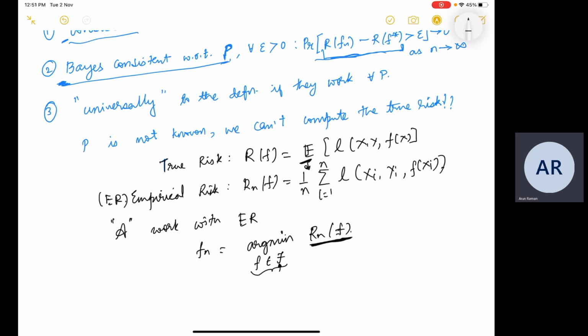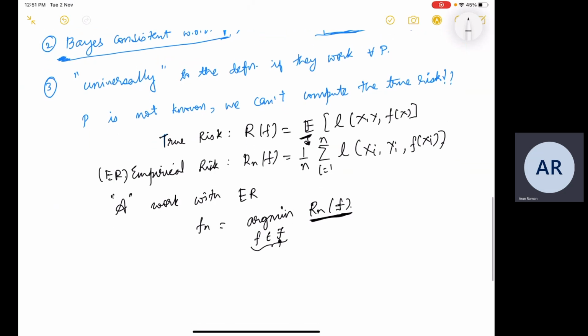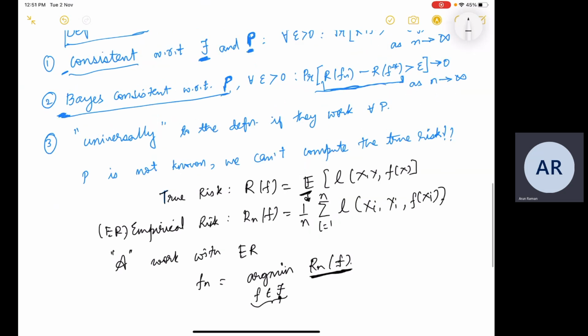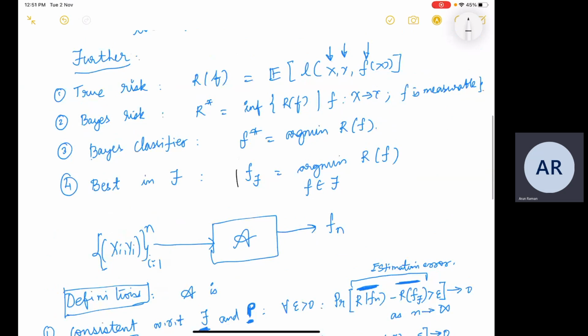Okay. So in the rest of the lecture, we will be focusing mainly on the estimation error, on some understanding of whether we can find the best in class function. So when we say best in class, we mean the best in script f.